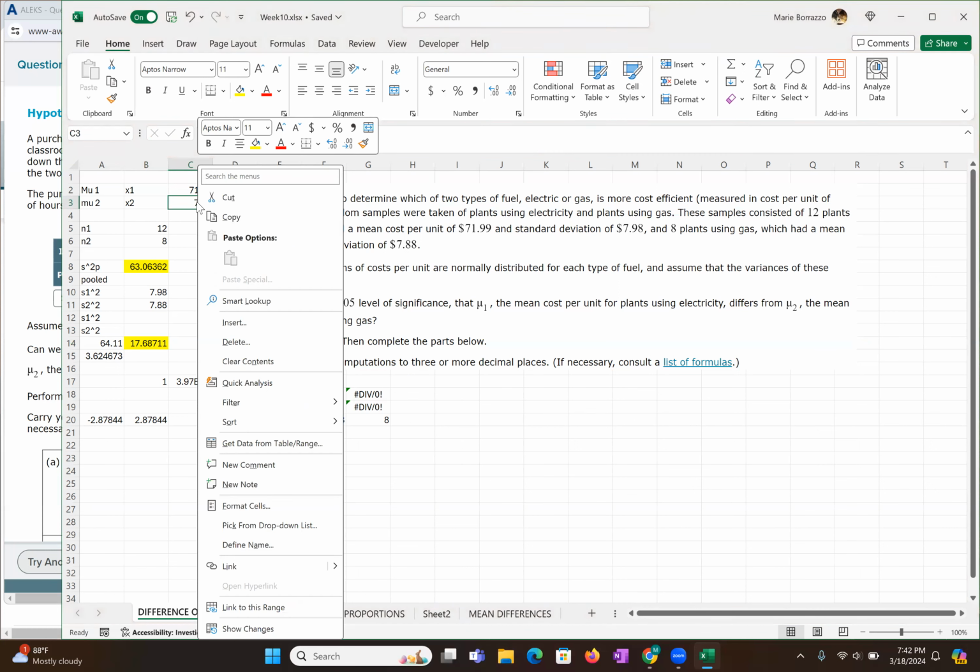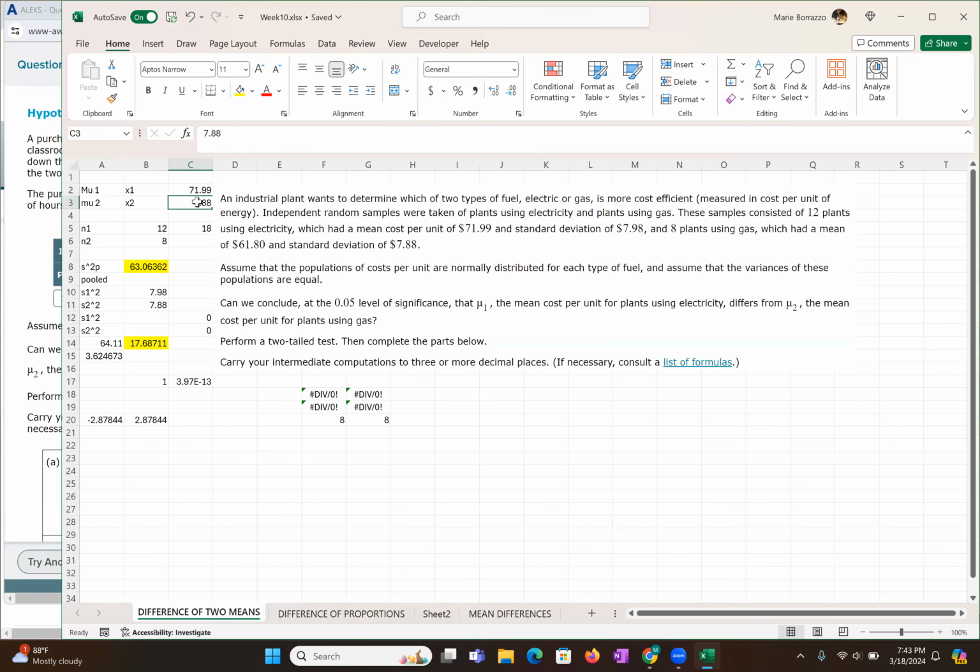This is 61.80. That's the two means. I give you 2.811. This is the area behind it. This is the area above it. So they ask for more than, that's the value. And these two are the critical values. This is a two-tailed test. All right, so that's that. The proportion questions, let's look at those.